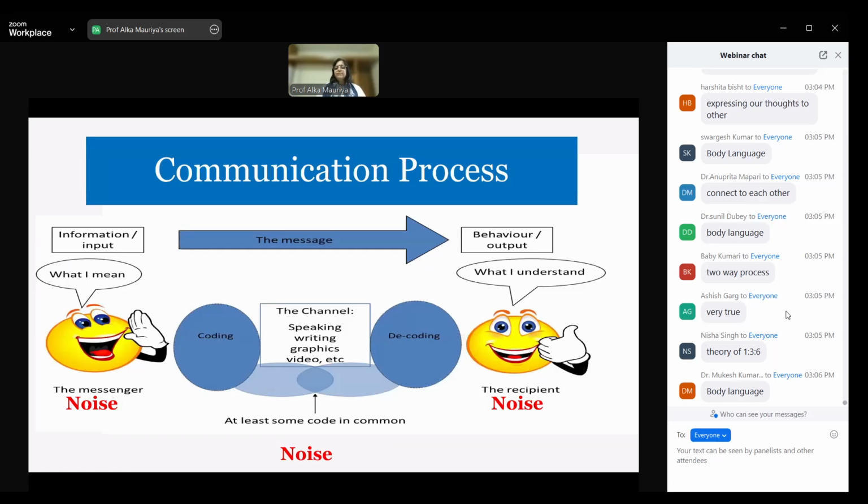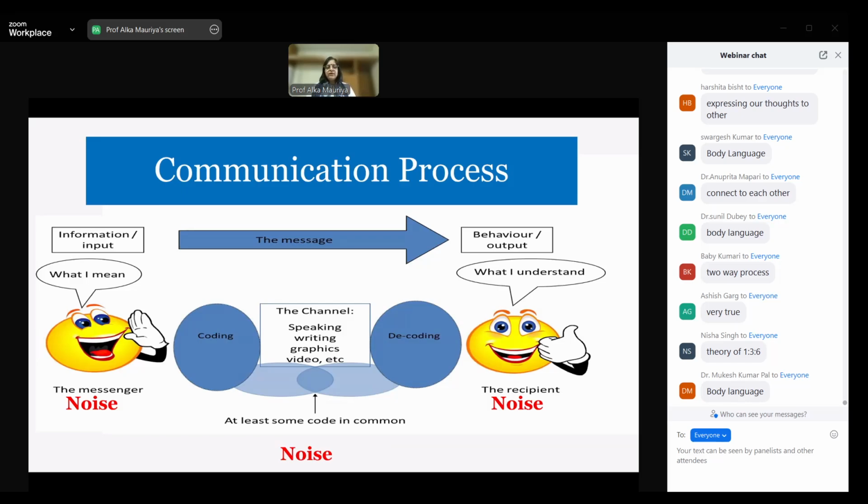Moving on, this is the communication process, which all of us have learned in our graduation or post-graduation days. In the communication process, we have a receiver, we have a sender, and then there is a mode through which the communication happens. And then there is a lot of noise, because of which at times the message is not interpreted in the same way as it was sent by the sender.